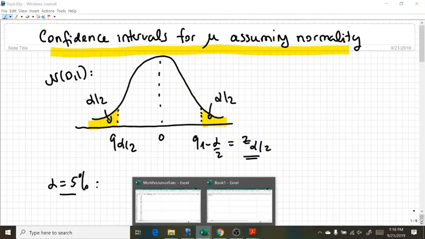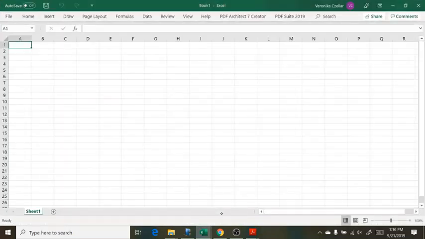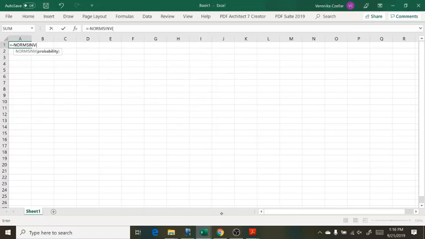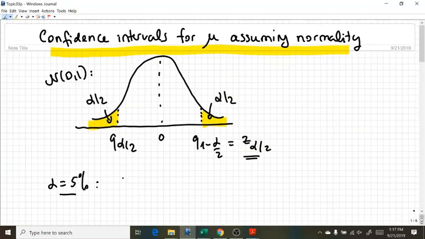So let's open Excel. I write equals minus norm.s.inv, and I specify 5% divided by 2, it's 0.025, right? And so I get 1.96 basically, right? So z of 0.025 is 1.96.